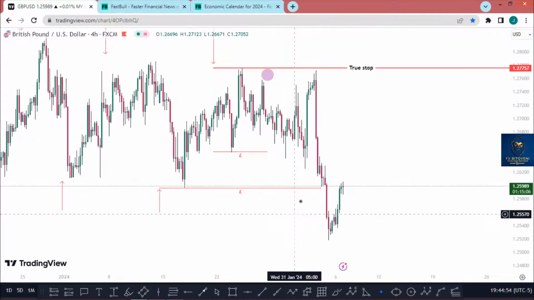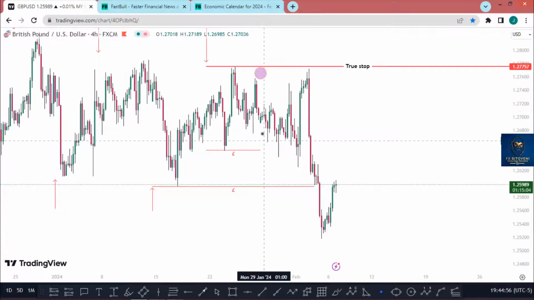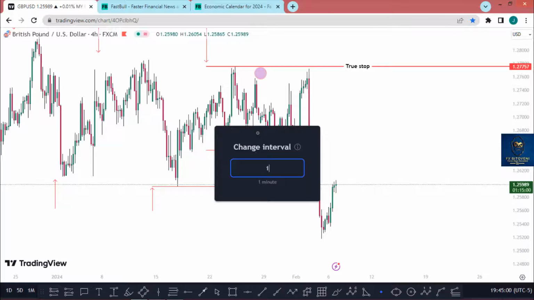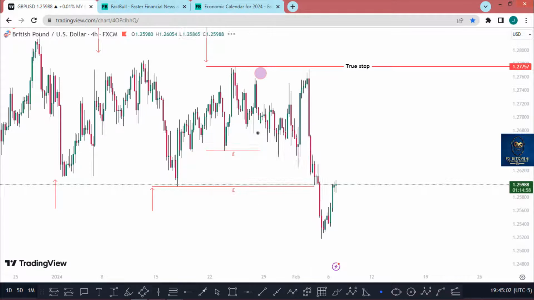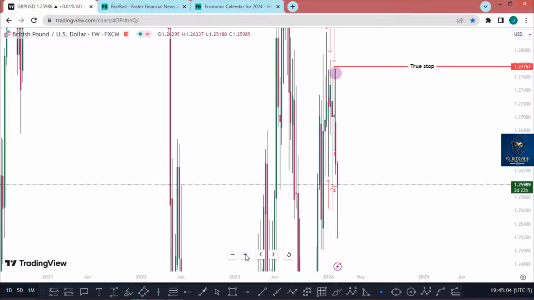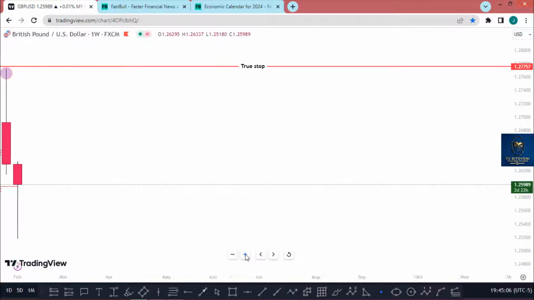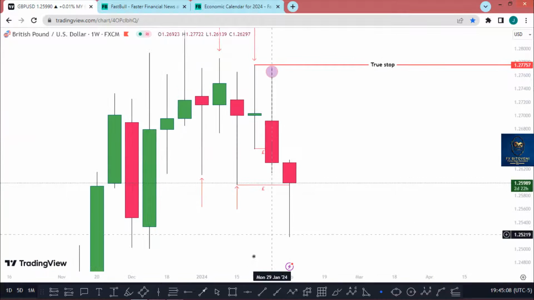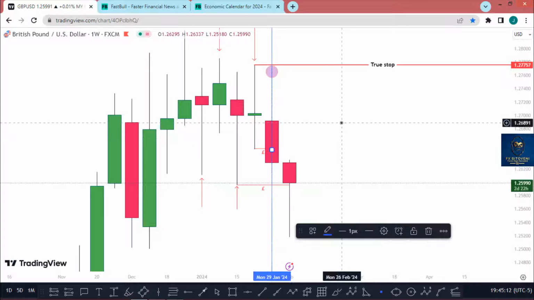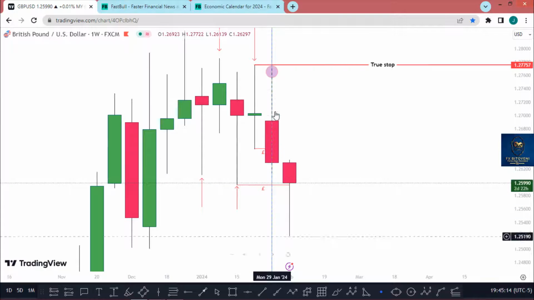So as you can see, allow me a bit to go back to our weekly first of all, because there's something I want to show you. I forgot to put here a vertical line. This vertical line will show you the beginning of the week.